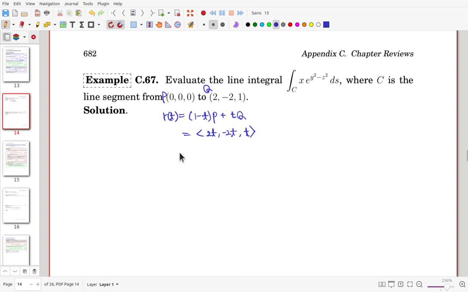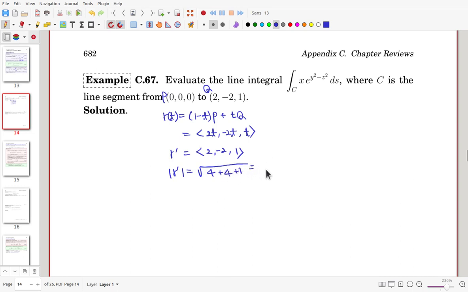For this one, this is a scalar function. For the scaling factor, it is the length of r prime. So let's try to get r prime. That's 2, minus 2 and 1. So the length of r prime must be the square root of 4 plus 4 plus 1.